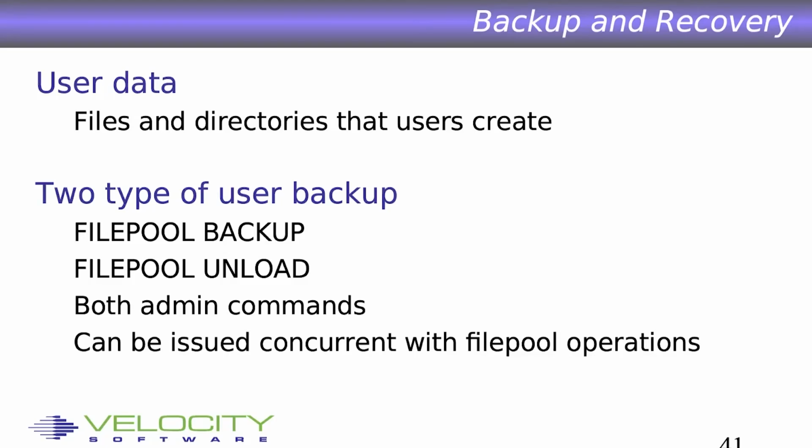And I say usually because if there is a user that has an exclusive right to a file space, a backup may fail, and we have that happen quite often when we're doing backups. So typically I run these backups late at night, and I do back up our file pools pretty much every day.